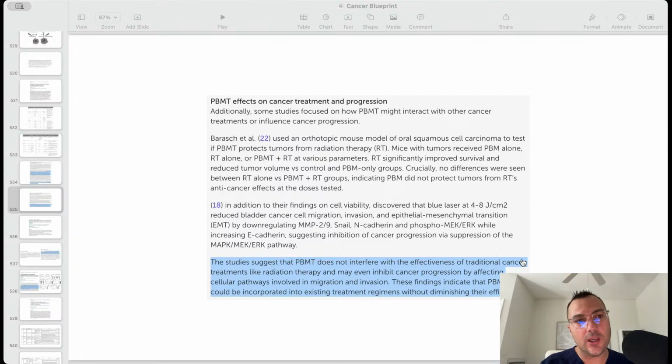So red light therapy, IV vitamin C, HBOT, ozone, those kinds of things we know can likely not harm or even help the surrounding tissues, but don't have the side effects of radiation-induced fibrosis. I mean, there are just so many different problems with radiation.